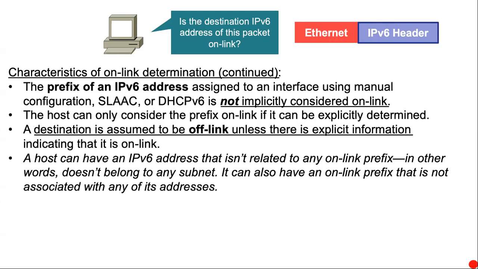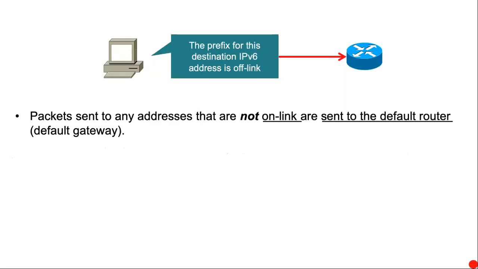And how is it explicitly determined? Well, as we mentioned, it's done by the prefix in the router advertisement message and the L flag set to 1. So packets sent to any address that is not on link are sent to the default router, the default gateway.